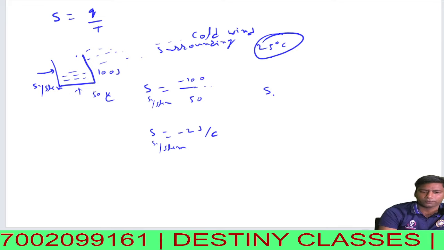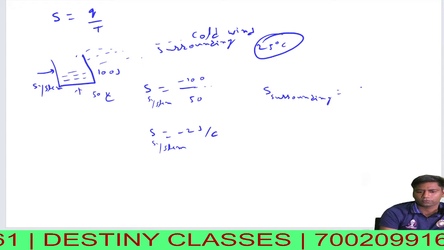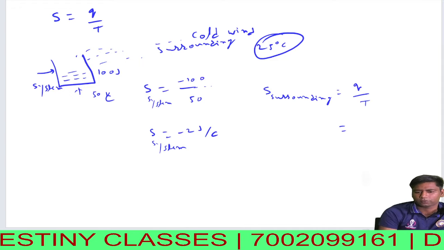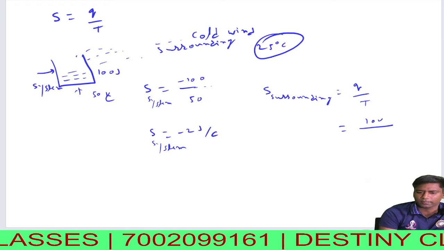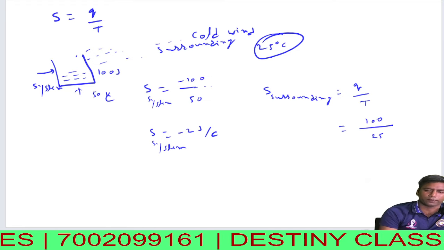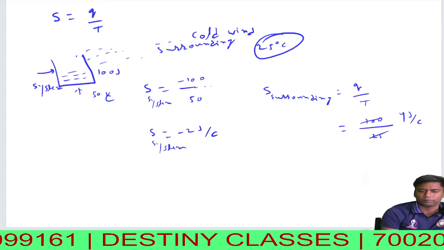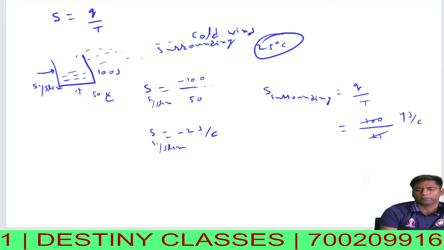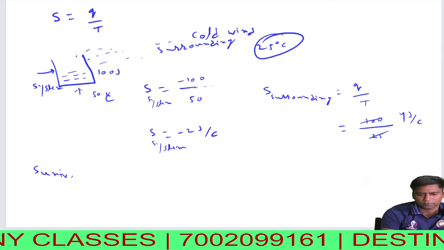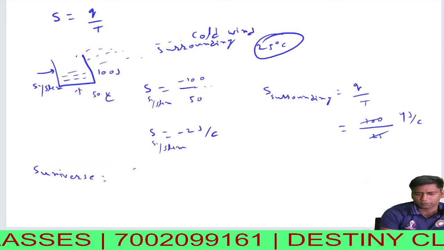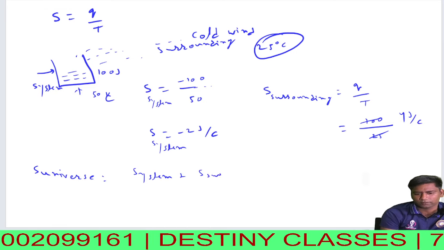And the entropy of the surroundings. So again Q upon T. Q is the heat released from system to surroundings, 100, and the cold temperature is 25. So this is 4 joule per Celsius. We are just making the simplification for the cold. Now the S of the universe. The universe is system plus surroundings. So S universe is entropy of system plus entropy of surroundings.